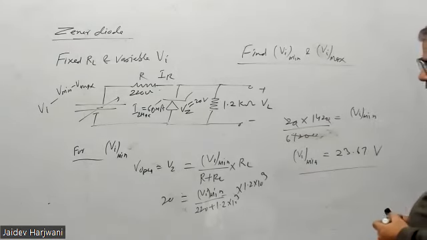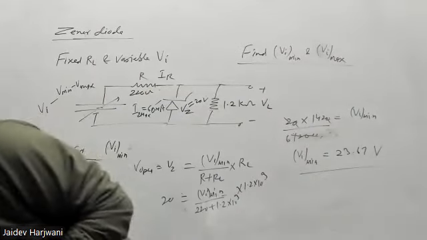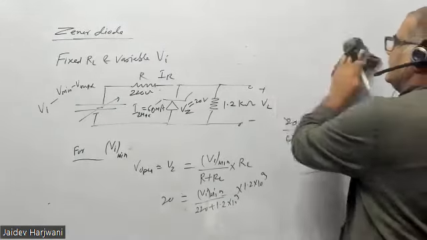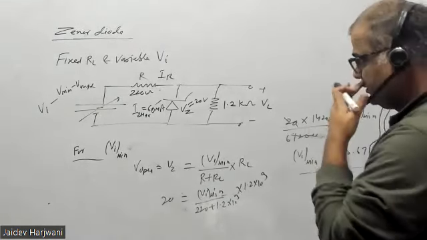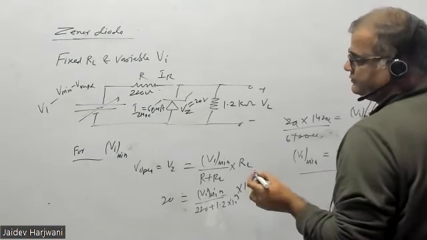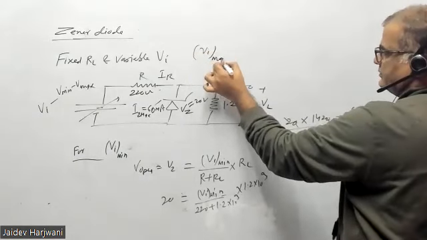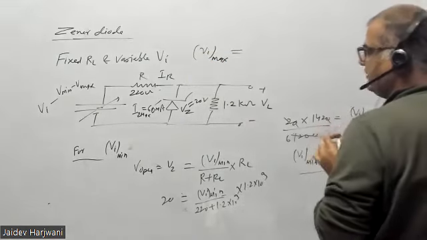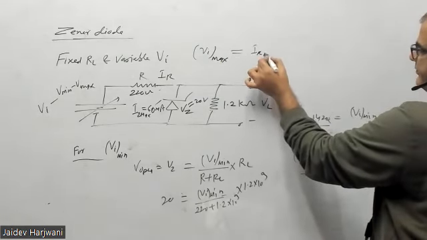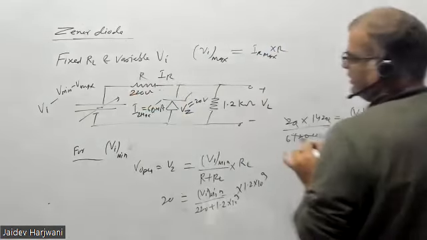Now find VI max. What is the VI max formula? VI max is IR max into R plus VZ.